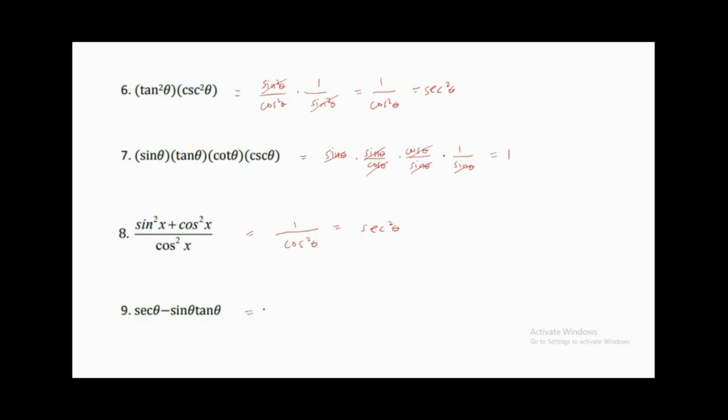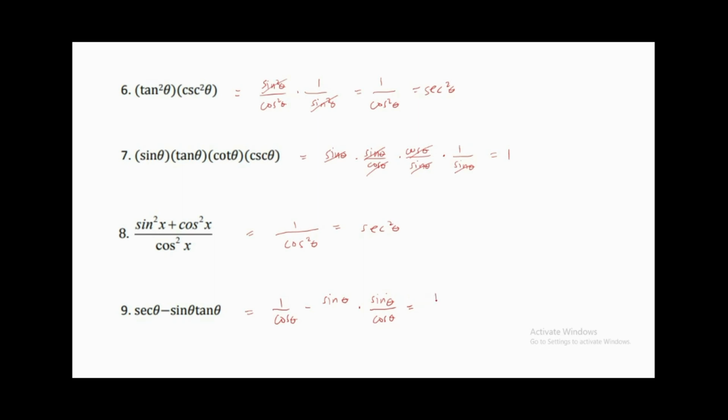Here, for number 9, secant theta minus sine theta times tangent theta. So we're going to rewrite first into sine or cosine. Secant is 1 over cosine theta minus sine theta multiplied by sine theta over cosine theta, which is equivalent to tangent theta.